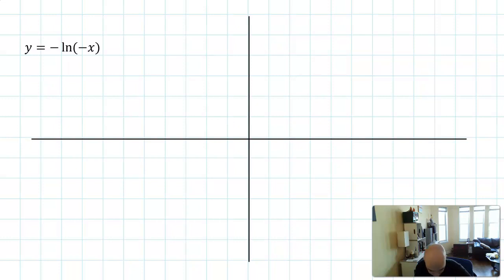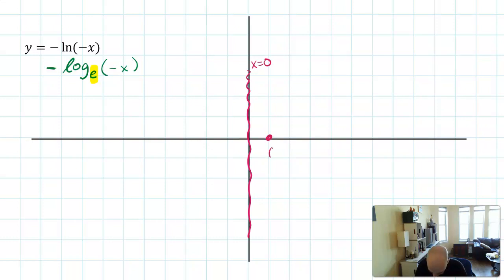All right, next we have negative ln of negative x. A lot of folks are kind of scared of natural log. There's no reason to be scared of natural log. So the first thing to remember is this is the same as negative log base e of negative x. So we have a base of e, and the only thing that affects is the key points in the parent function. In the parent function, we still have the vertical asymptote at x equals 0.